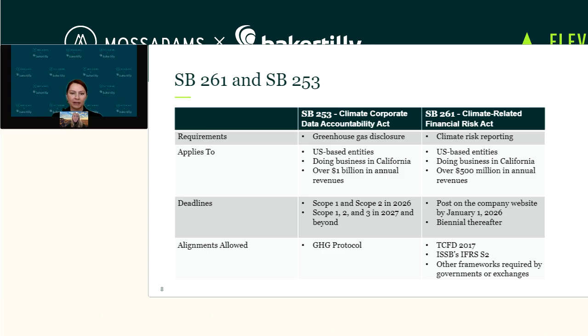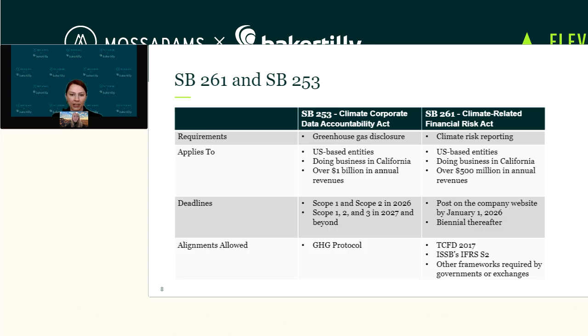So let's start by focusing on SB 253, highlighted in that second column. SB 253, also known as the Climate Corporate Data Accountability Act, requires U.S. organized entities exceeding 1 billion that do business in California to publicly disclose their annual Scope 1, Scope 2, and Scope 3 greenhouse gas emissions.